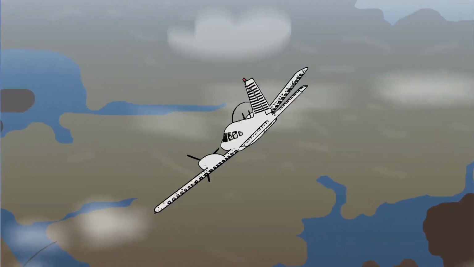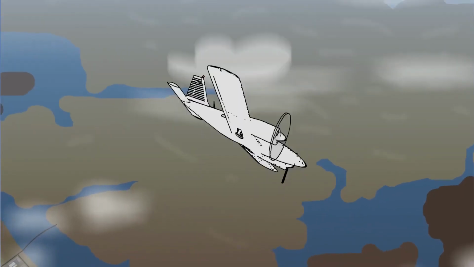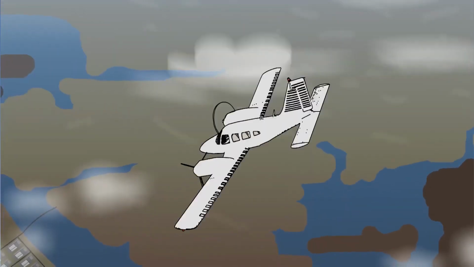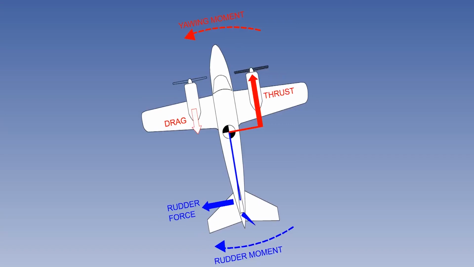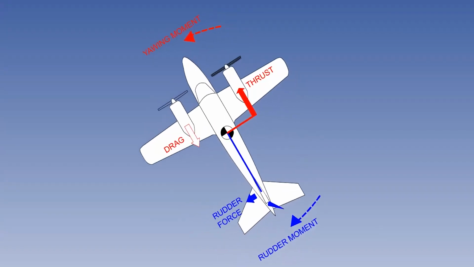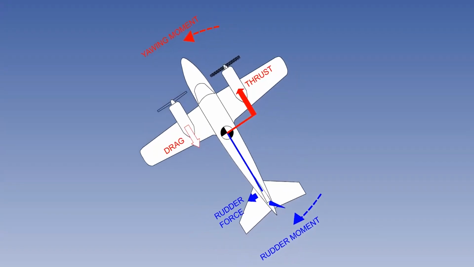If this were to happen close to the ground, the result would be disastrous. In these extreme circumstances, the only way to regain control would be to minimize thrust on the live engine or engines, to remove the yawing moment and permit a controlled forced landing.